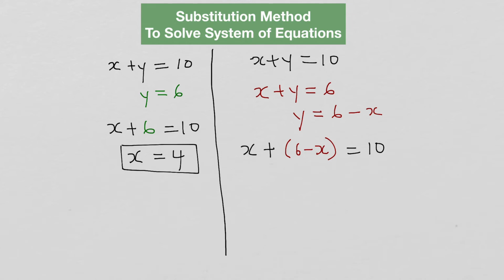So if you note, we took this quantity, 6 minus x, and substituted that into the y value. If you notice, the y value was just y in the original equation, but we substituted this with this y. So now it's 6 minus x.